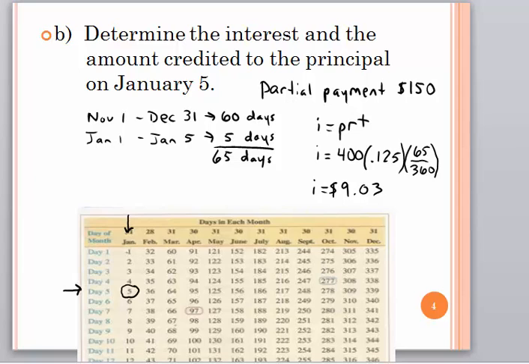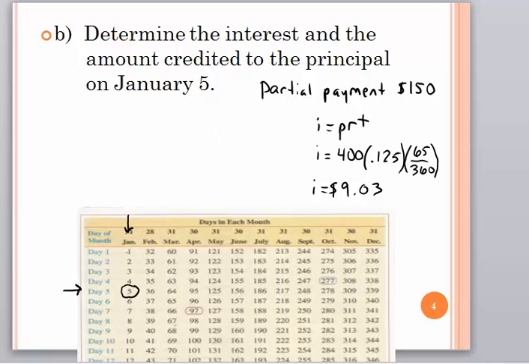And so when Crystal makes her payment of $150, some of that payment is going to pay for this $9.03 of interest, and some of the payment is going to go towards her principal.